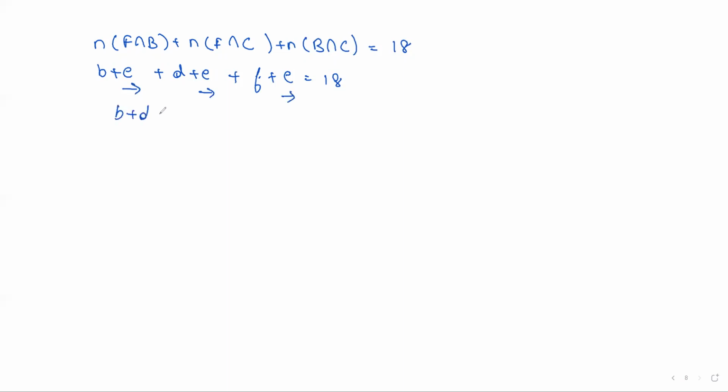So B plus D plus F will be equal to 18 minus 3 into E, which is 18 minus 3 into 3. This is equal to 18 minus 9, which is equal to 9. So B plus D plus F is equal to 9.